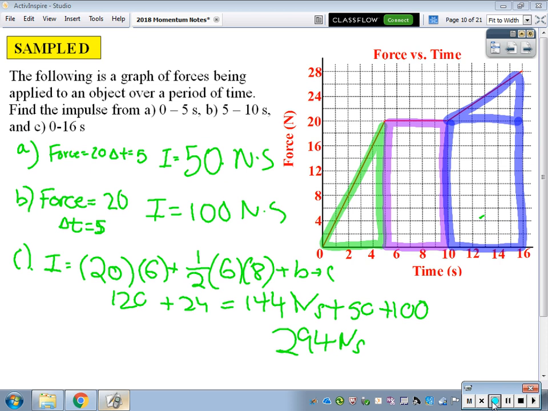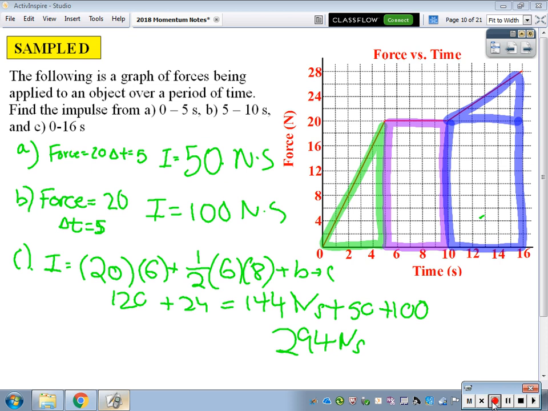Or if you happen to know the area of a trapezoid equation, which is really just a combination of the right triangle equation and the rectangle equation, you could find it that way either. Can we find that to be 144, plus what we already had, to find the total we were asked for in part C, 294 Newton seconds? Is that what everybody gets?